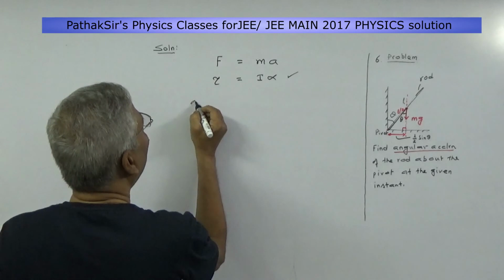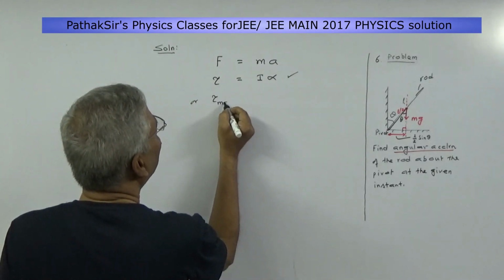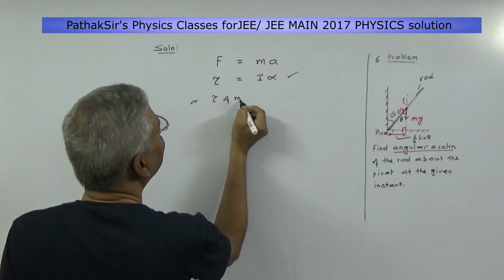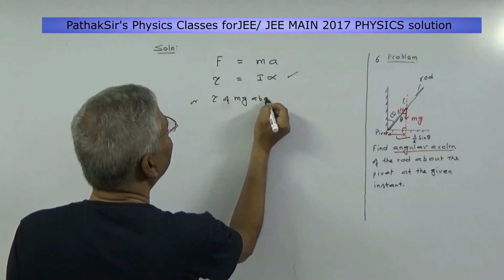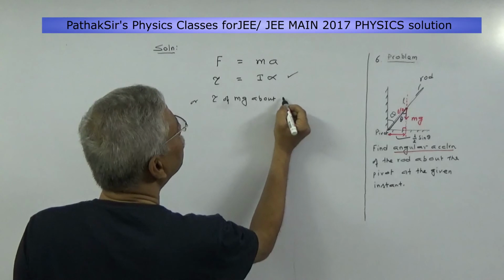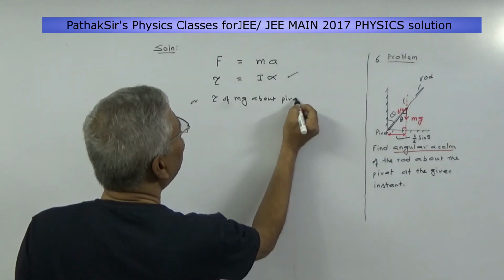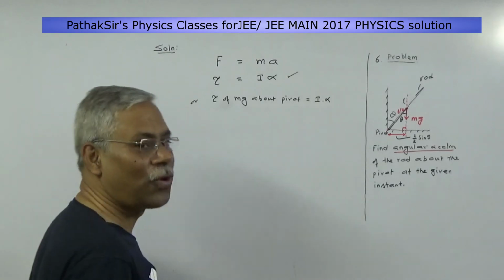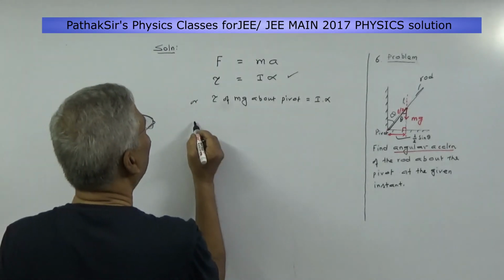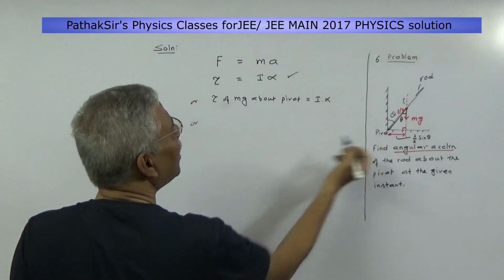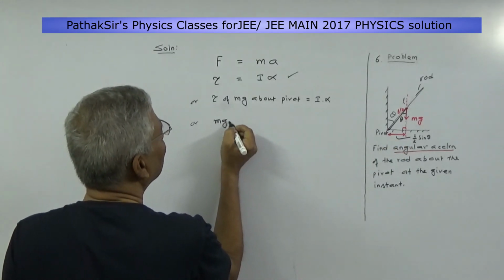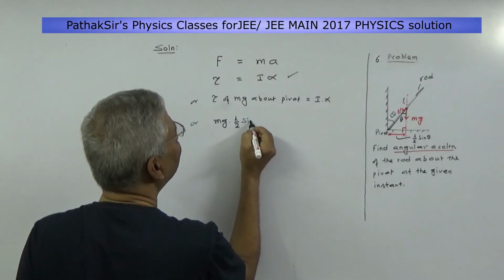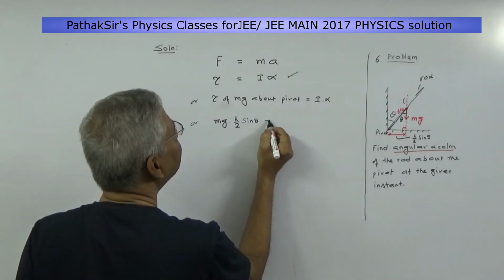So torque of mg about pivot equal to I into alpha. What is the torque of mg about pivot? mg into L by 2 sin theta.